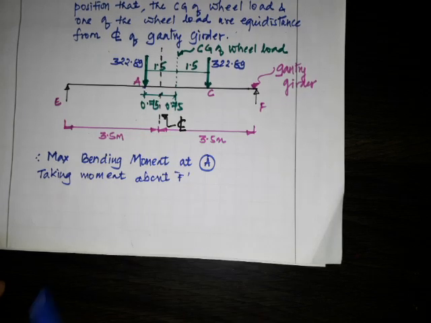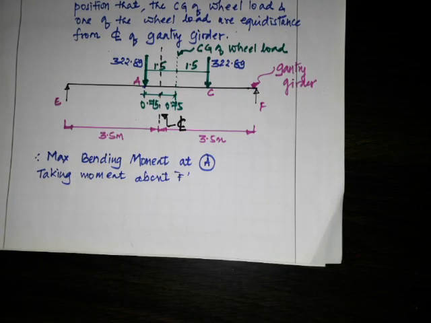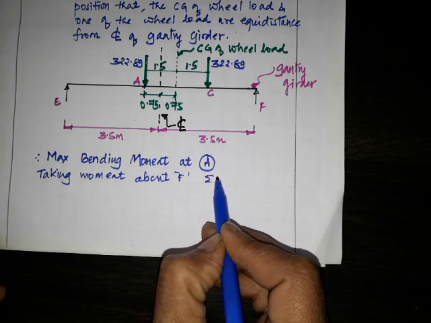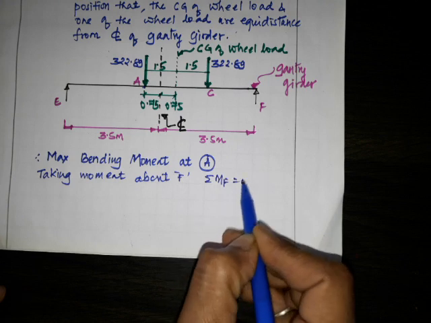taking moment about F, that is summation of MF is equal to 0.